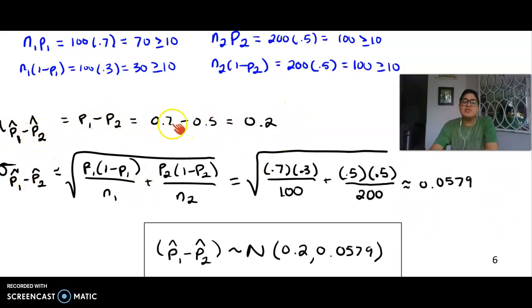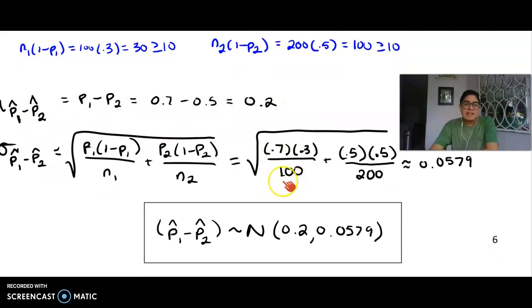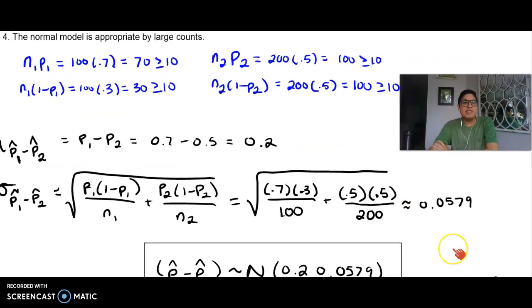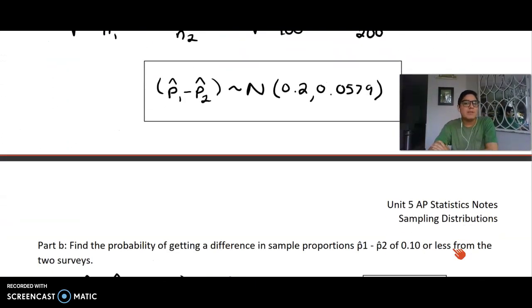When I substitute in the formulas here, I get that the difference in sample proportions is approximately normal with a mean of 0.2 and a standard deviation of 0.0579. So the difference in sample proportions, here's our large counts, here's our random, and here's our 10% condition. So I first start by verifying the conditions, and then I use a formula to find what those parameters are.